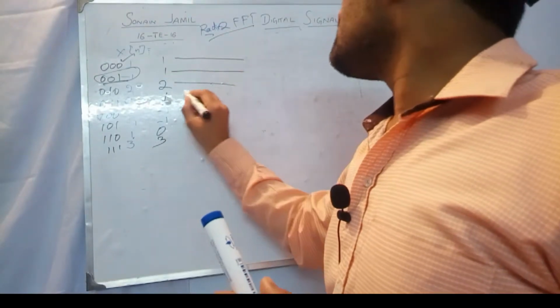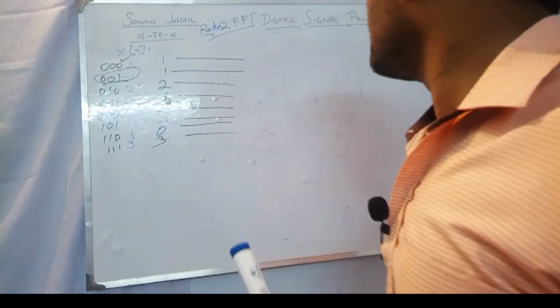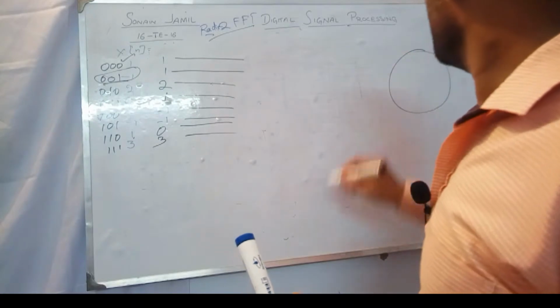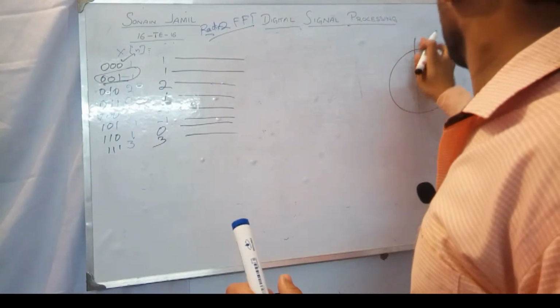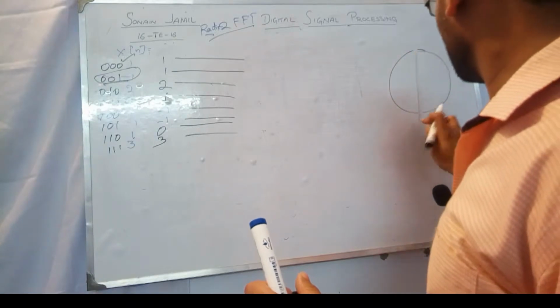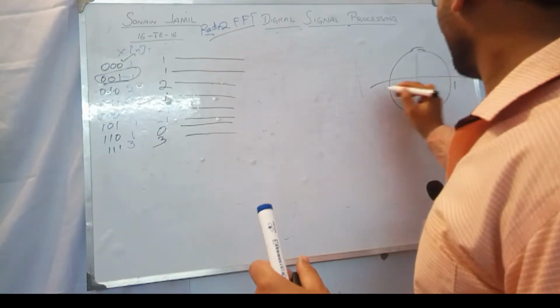So in this case, what we have to do is just to apply 2-point DFT. In 2-point DFT, this circle comes into play, and we have to divide this circle into just two parts, 1 and minus 1.